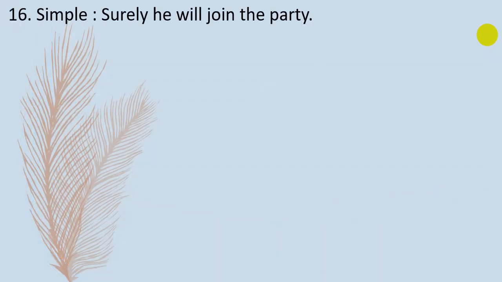Number 16, simple sentence. Surely he will join the party. Rule: if the simple sentence is done by adding an adverb that modifies the whole sentence, it will be transformed into complex by following the structure it plus be plus adjective plus that plus clause.